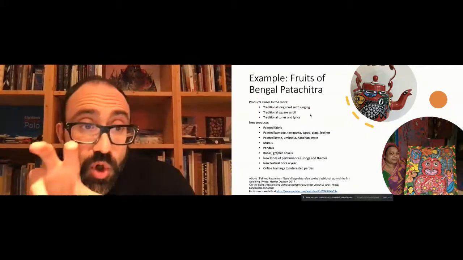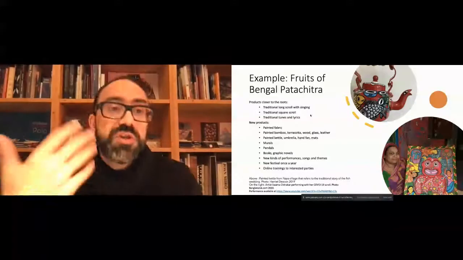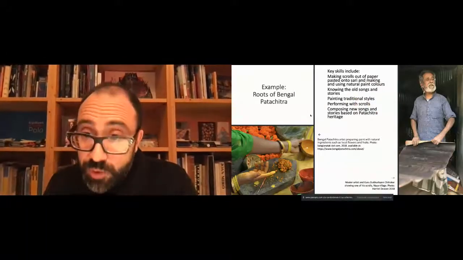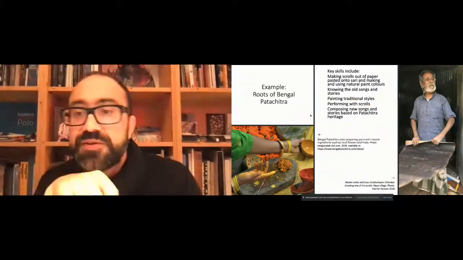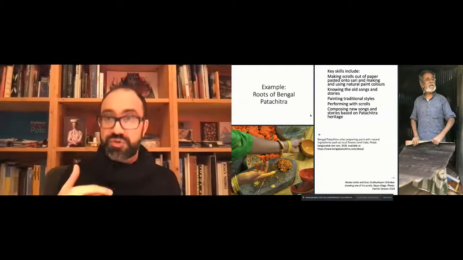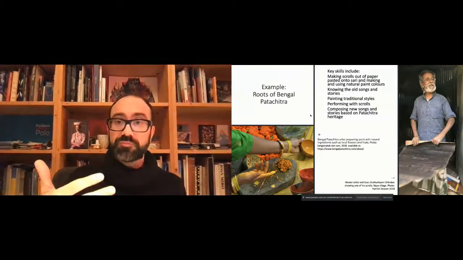So the products that are closer to the root are the traditional long scrolls, like the one that the guru is showing us. And you can see in the picture there are many in the background of his house and workshop. Each scroll is a different song.